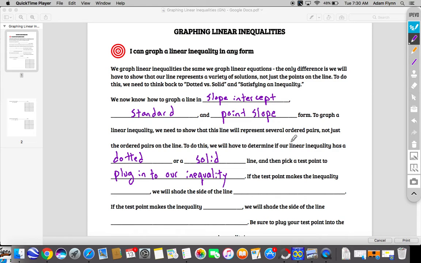If the test point makes the inequality true, we will shade the side of the line that the test point is on.